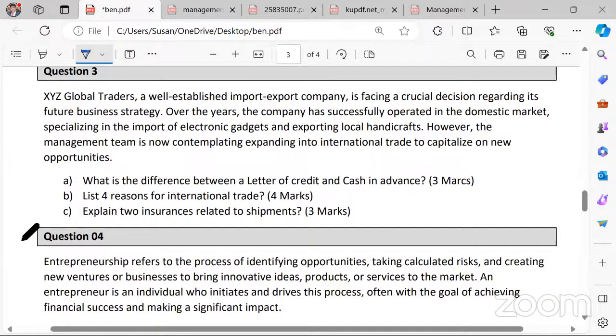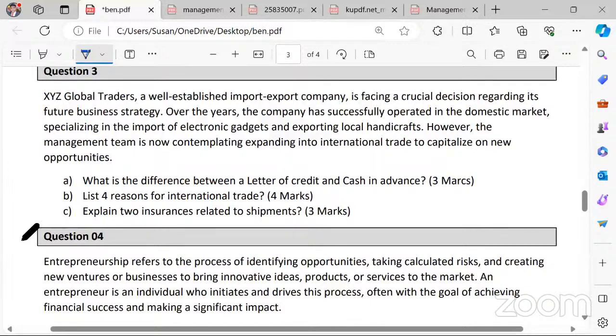Another thing is that the ship owner, the shipping line, can insure the ship, right? Not the cargo, the ship. That is known as hull insurance. They can insure the hull of the ship, and we can insure the shipment, meaning the goods we are transporting from one location to another through ship.